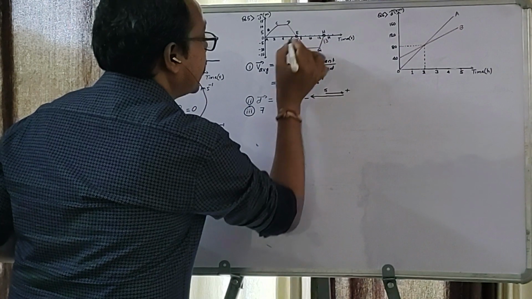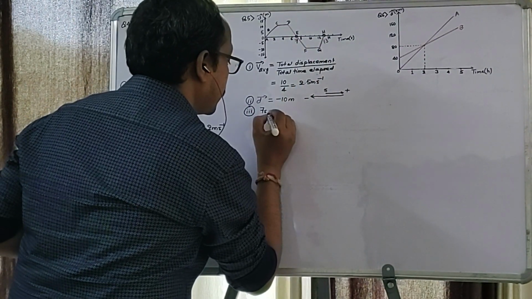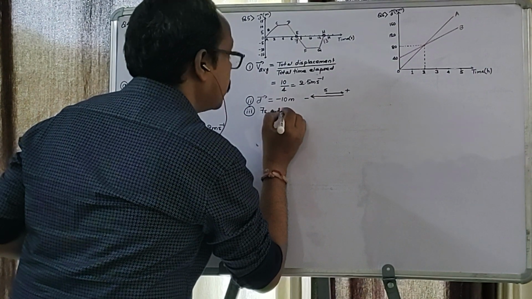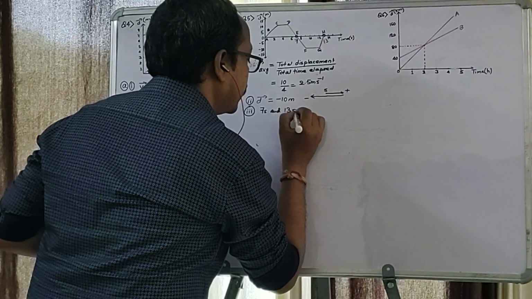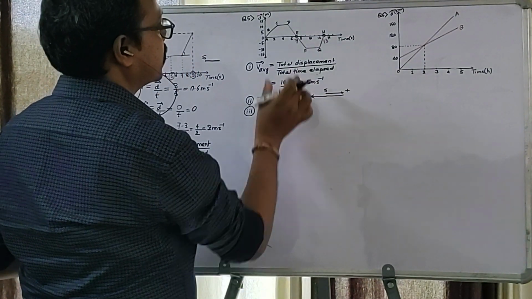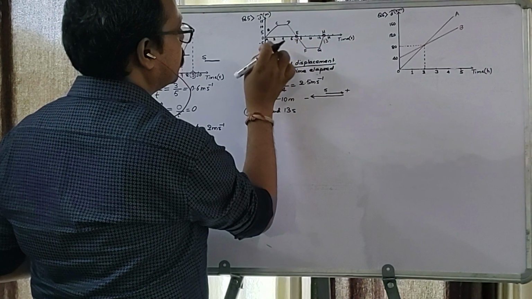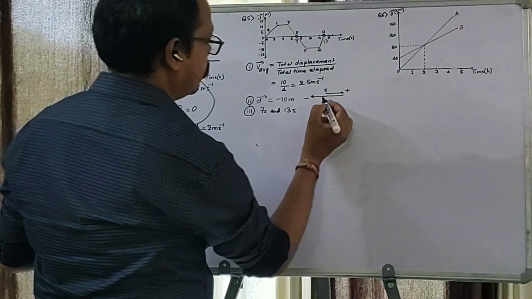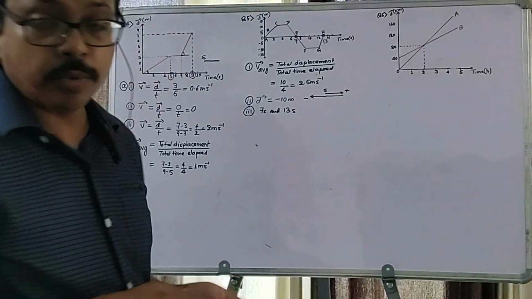So that is 7 seconds. At 7 seconds the position becomes the starting one, and from this graph 13 second, right? So at 7 second and 13 second the position of the object becomes 0, at the starting position, right? Just a moment please.